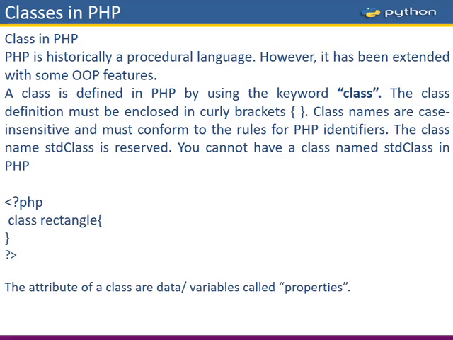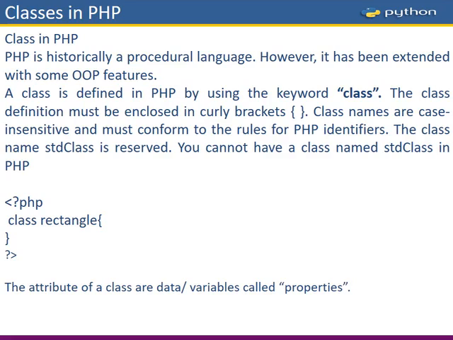A class is defined in PHP by using the keyword class, the same way as in Python. The class definition must be enclosed in curly brackets, so it must start with a curly bracket and end with a curly bracket. We'll see that as we continue with the example code, how we write the class.